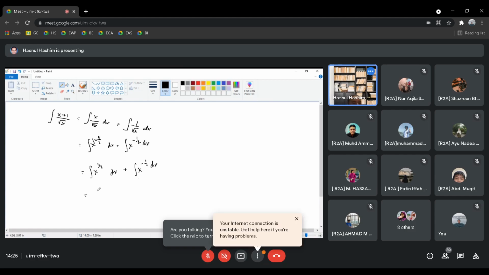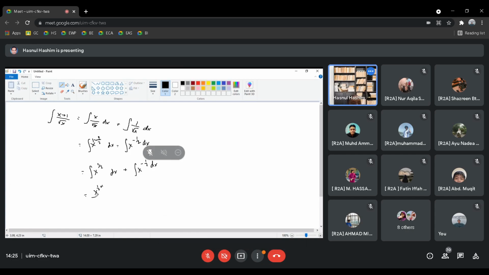So integrating, we have x to the power half plus 1 over half plus 1. Then here will be x to the power negative half plus 1 over negative half plus 1. So we have here x to the power of 3 over 2 over 3 over 2, plus x to the power of half over half, and then plus c.